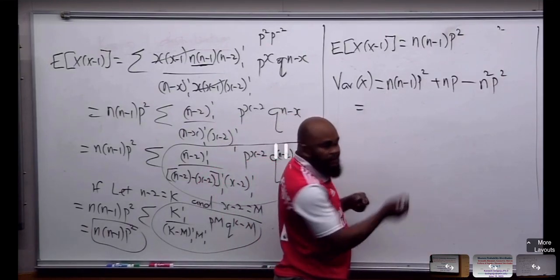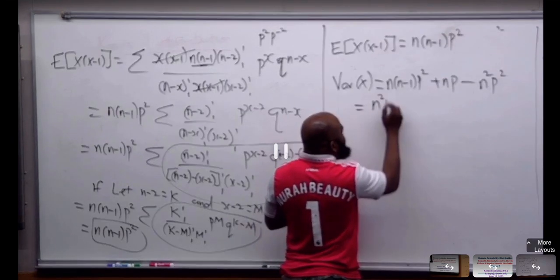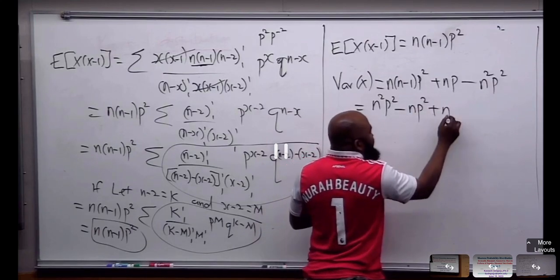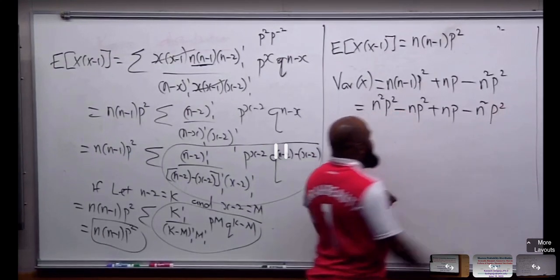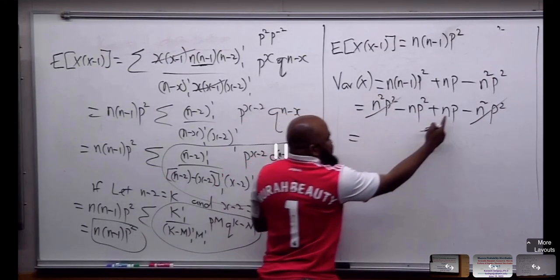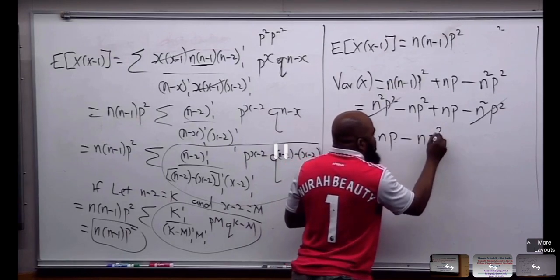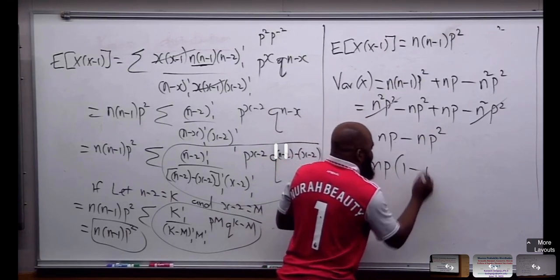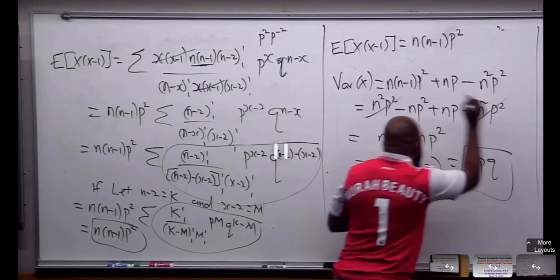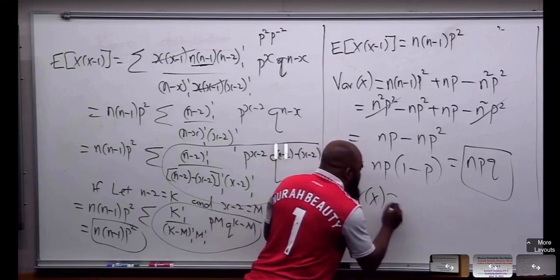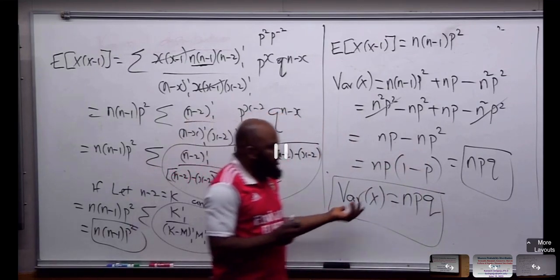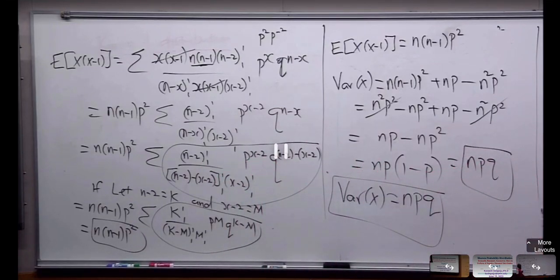So let us simplify. n squared p squared, right? What is that? So that is how we prove the variance. Okay? So that is the variance of S.